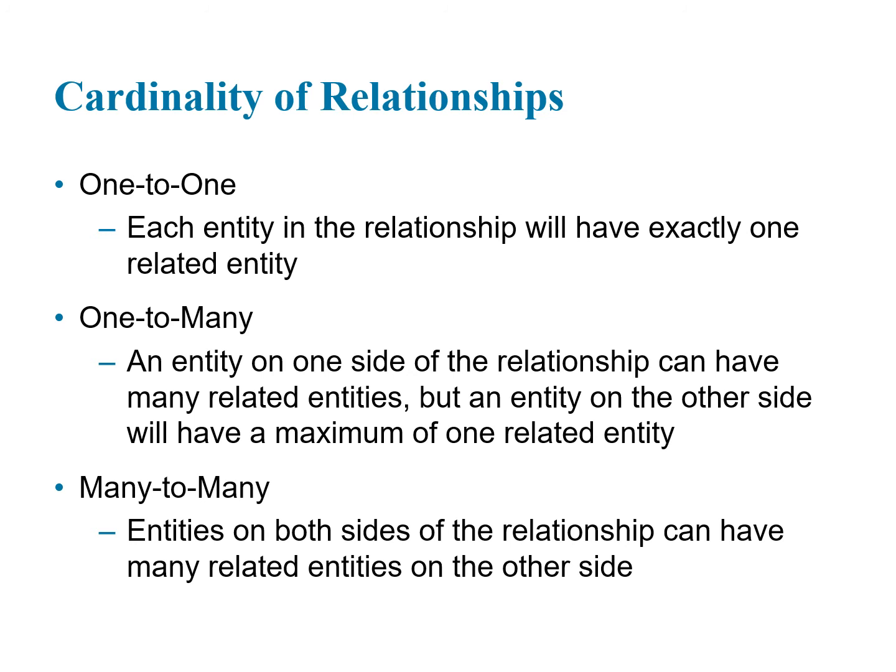Cardinality of relationships. One to one: each entity in the relationship will have exactly one related entity. One to many: an entity on one side of the relationship can have many related entities, but an entity on the other side will have a maximum of one related entity.